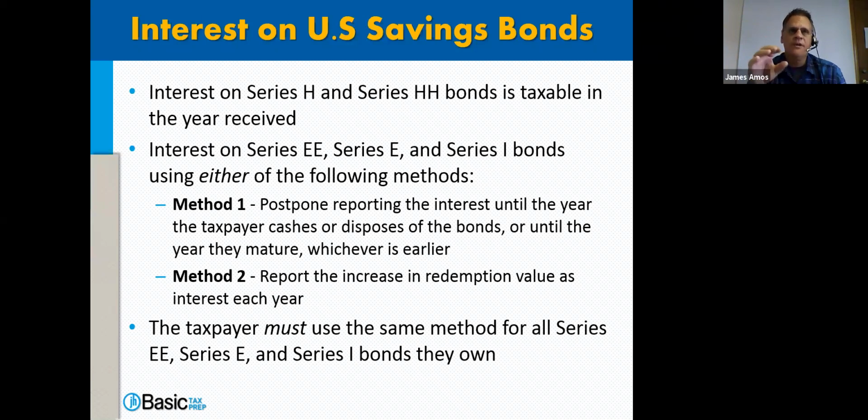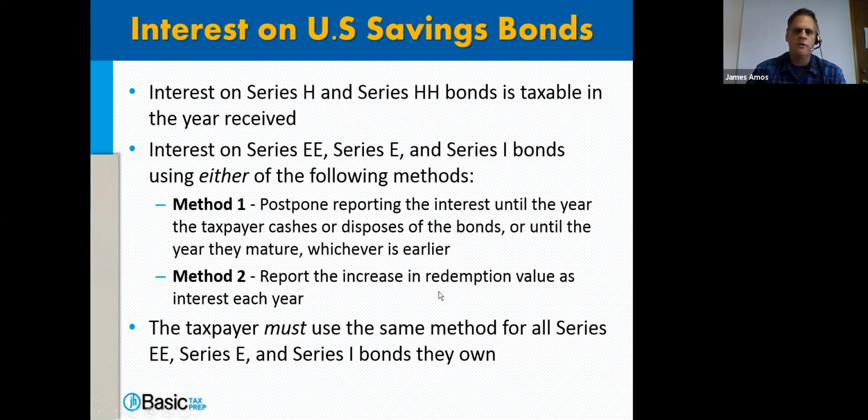As you go through each year, the amount that they divided up and say that you earned for that first year, they're going to pay it to you. To be totally accurate, it's actually getting paid every 6 months. So you have two payments in, say, 2019. At the end of 2019, you can choose to say, okay, I'm not going to include it yet, I'm going to wait till it matures.